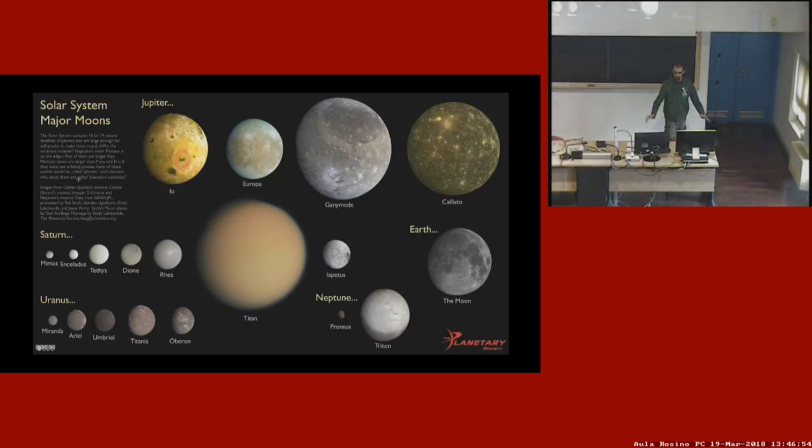To start, I wanted to show you these nice infographics produced by the Planetary Society, in which you can see all the major moons of the solar system. It's noteworthy that all the gas giants have pretty complex and numerous satellite systems, like Jupiter with its 4 Galilean moons.